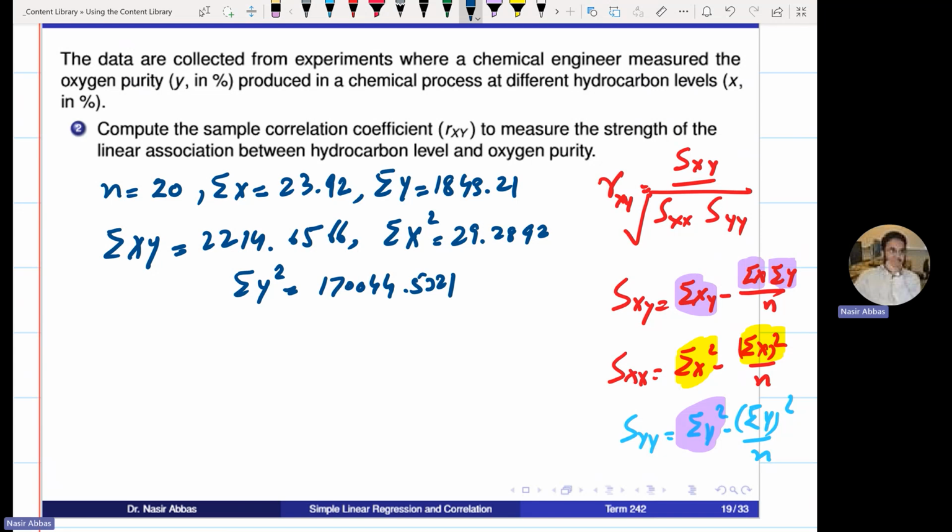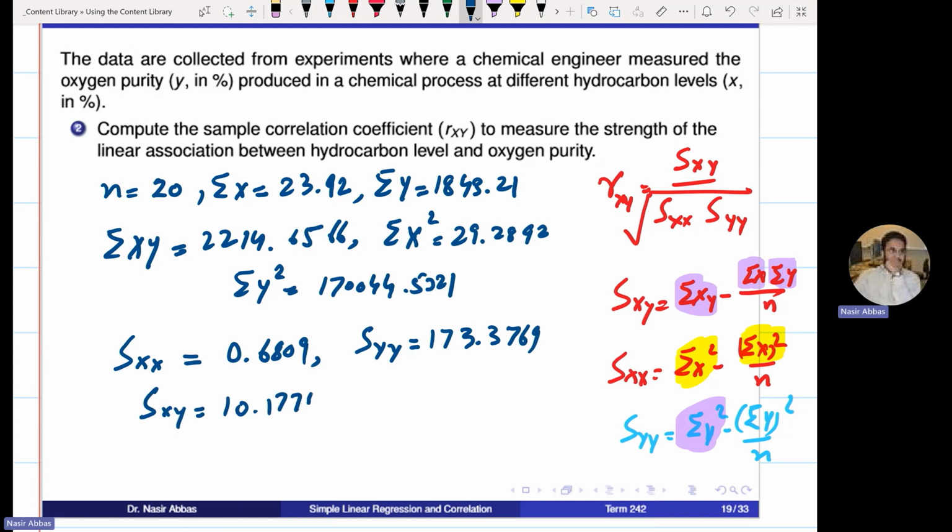I plugged these five sums into these equations and I got the three S's. SXX came out to be 0.6809. SYY came out to be 173.3769. And SXY came out to be 10.1774.